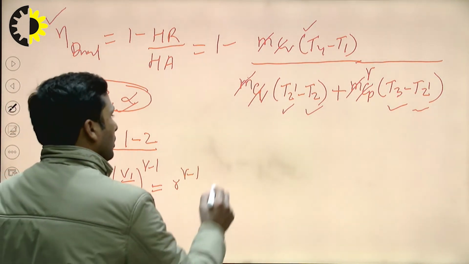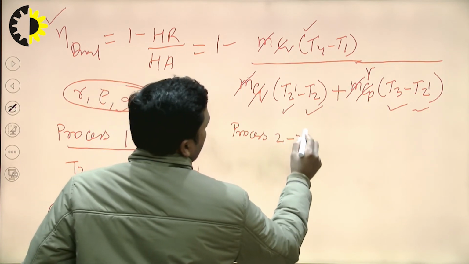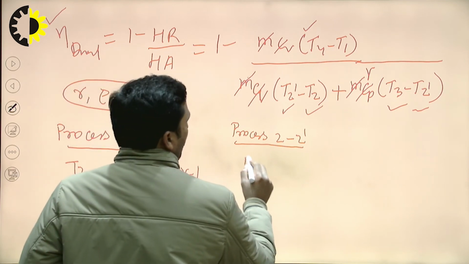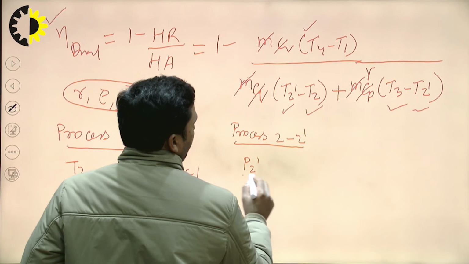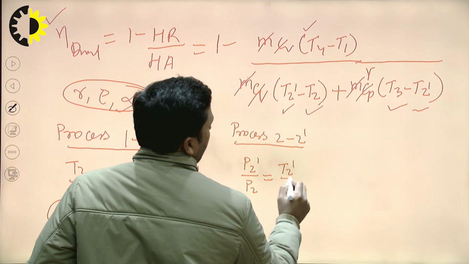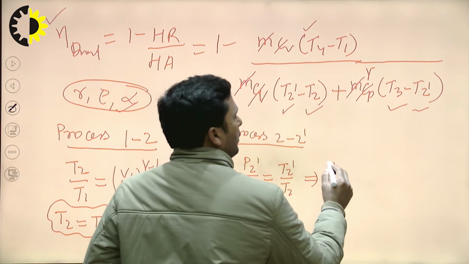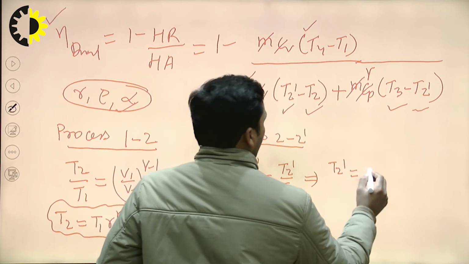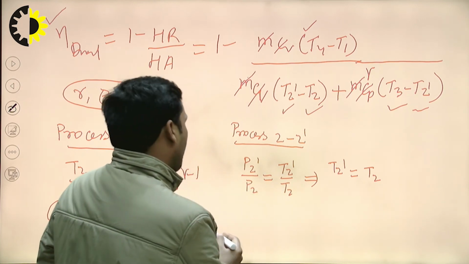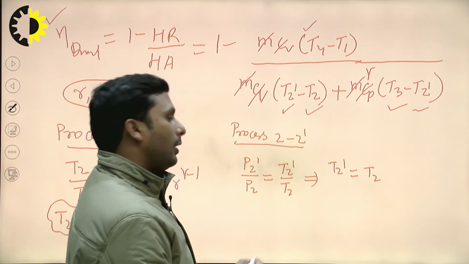Similarly, process 2 to 2 dash is a constant volume heat addition process. So P2 dash by P2 will be equal to T2 dash by T2. From here T2 dash will be equal to T2 times alpha, the explosion ratio, because we have already discussed that the ratio of pressure in process 2 to 2 dash is known as the explosion ratio alpha.